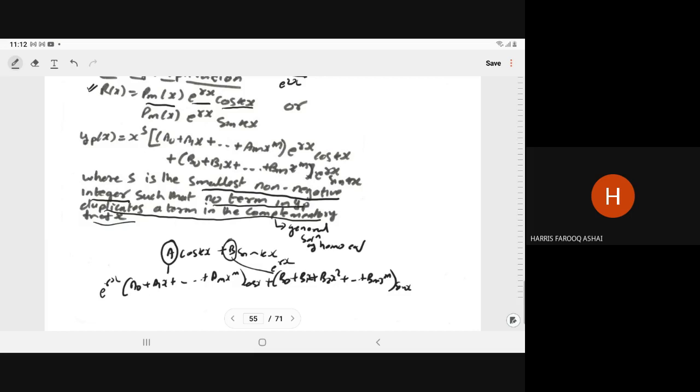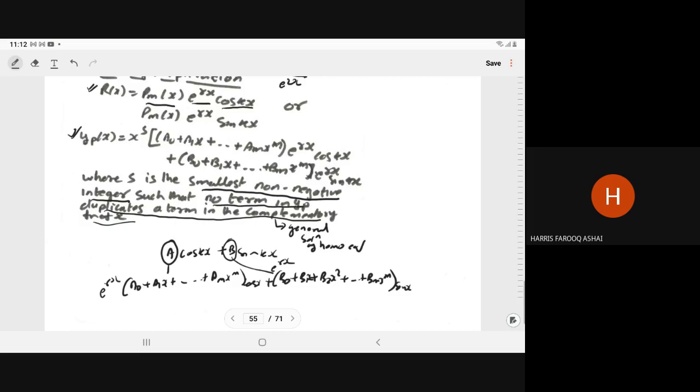So that will be the correct way to write the yp, by considering all the functions, exponential, polynomial, trigonometric, and by avoiding any duplicacy.